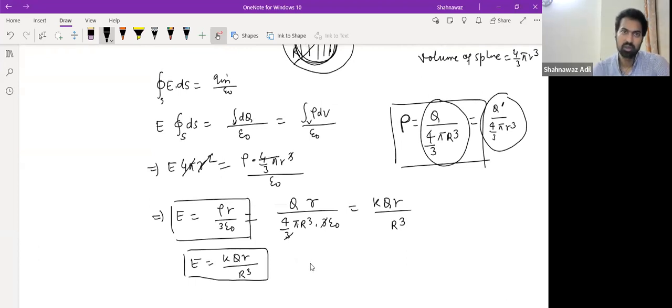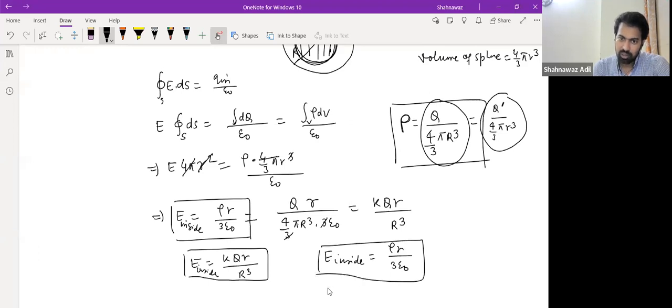Yes. So this is the electric field inside. Remember that E inside is rho r by 3 epsilon naught, or E inside is K Q r by R cube.